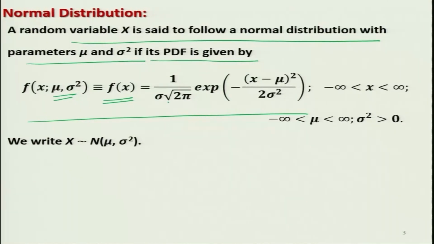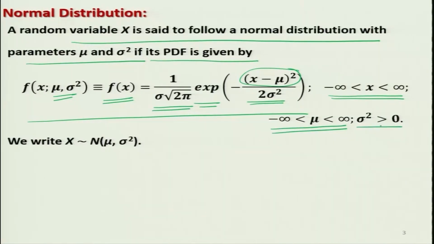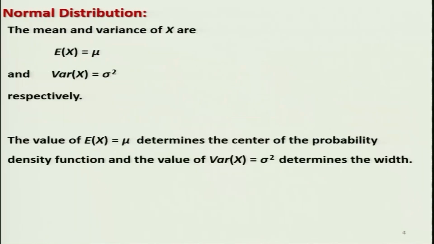That is 1 upon sigma root 2 pi, exponential of minus 1 upon 2 sigma square into (x minus mu) whole square. Here the range of x lies between minus infinity and infinity, mu lies between minus infinity and infinity, and sigma square is a positive quantity, so it is between 0 and infinity. We write this distribution as x follows normal(mu, sigma square). So, this is the probability density function of a normally distributed random variable x.